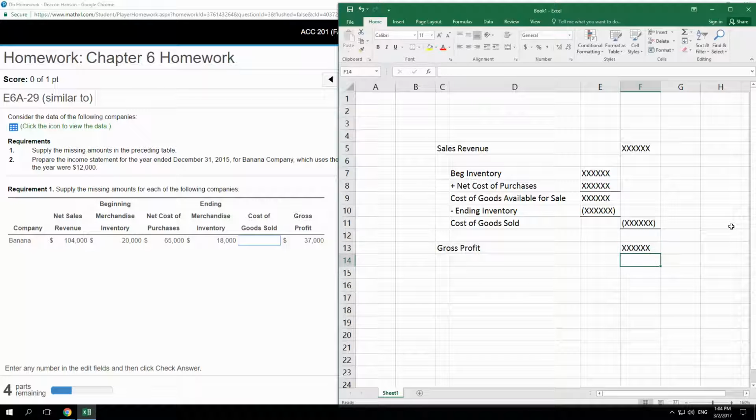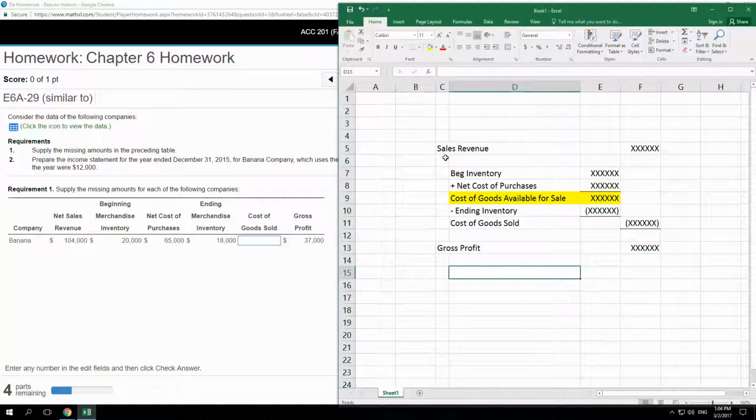So you need to know how this works, the dynamic of it, in order to solve a problem like this over here, because this is just the same thing laid out horizontally, right? And it skips on putting in subtotals like cost of goods available for sale, but mathematically, if you know how this works, then you should be able to solve for the missing piece.